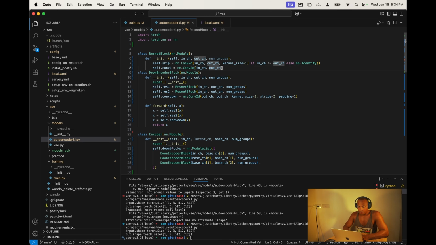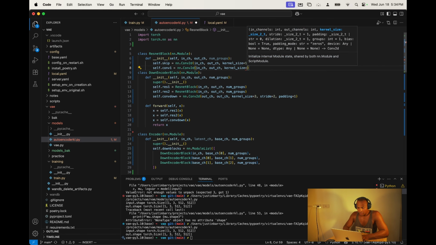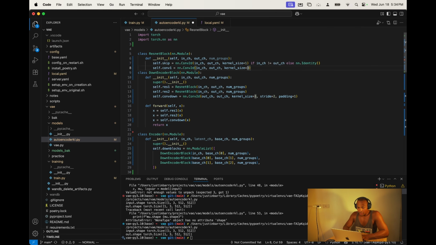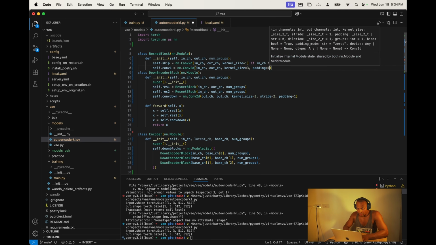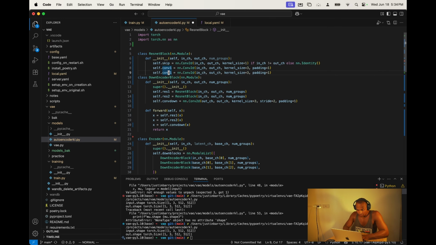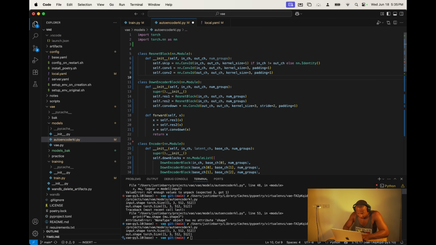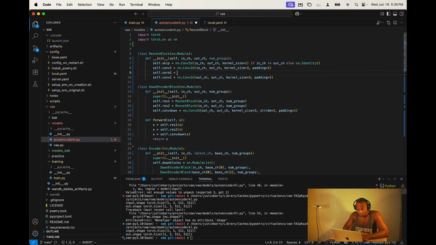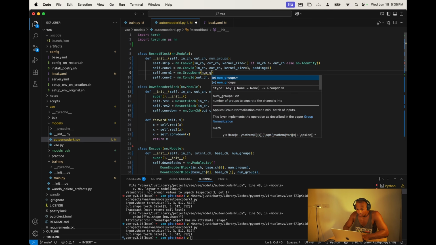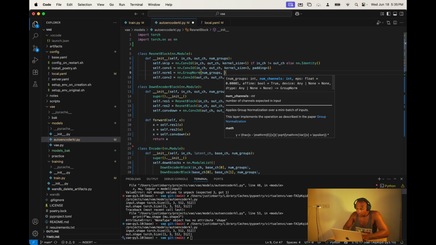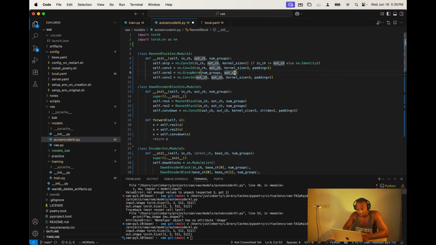Conv1 is the convolutional layer, in channel to out channel, kernel size 3, padding same, so padding 1. Conv2 is out channel to out channel. Then we need self.norm1 equals group normalization. I'm going to keep num groups the same throughout the entire autoencoder, which is 32, and out channels goes here.